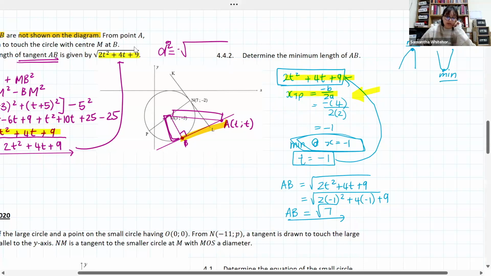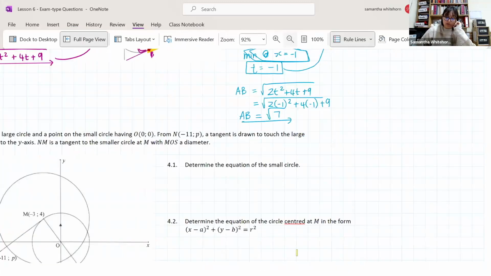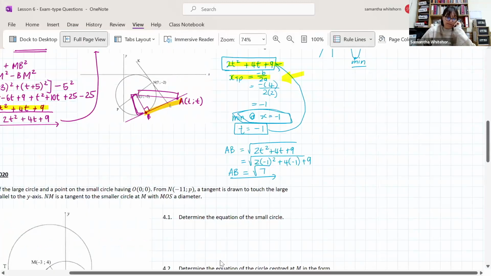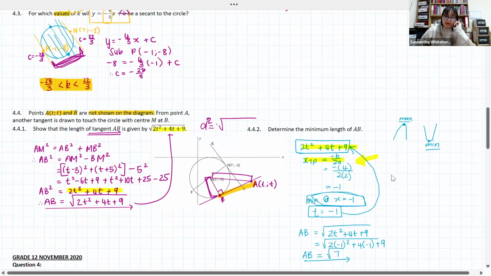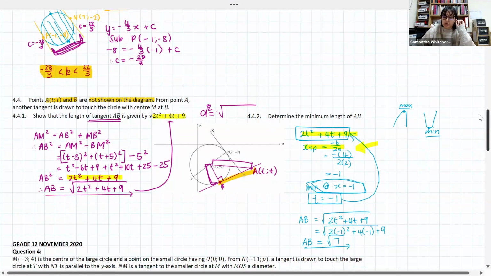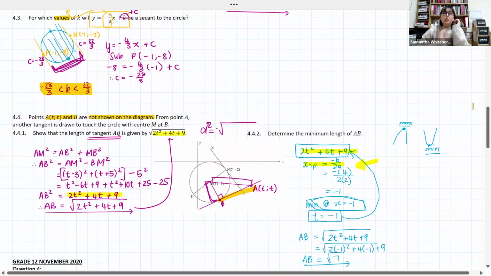All right. So this 4.4 is definitely the more complex problem-solving, analytical type of question that you can expect. Often these questions deal with points not shown on your diagram, like here.